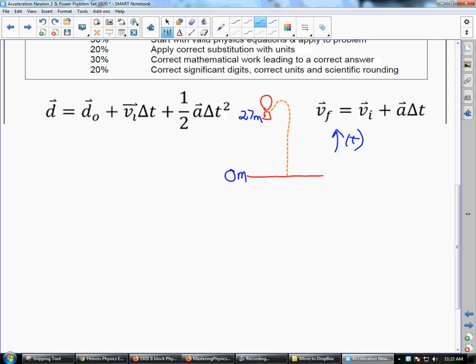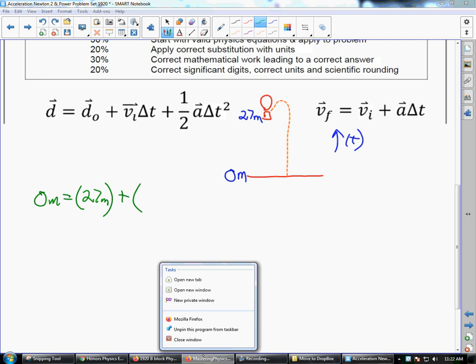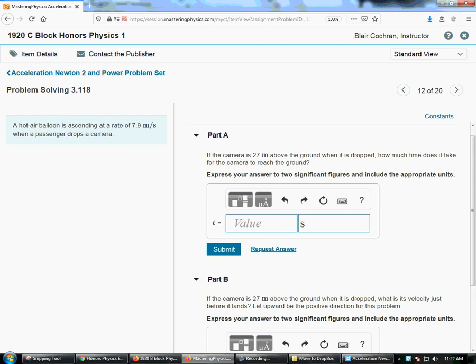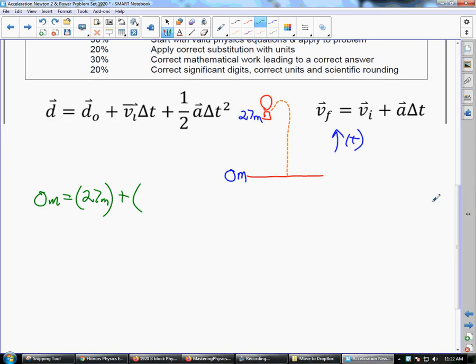All right? So, I end up at the ground, 0 meters. I started at positive 27 meters. My initial velocity was positive and upwards at 7.9 meters per second. So positive 7.9 meters per second.